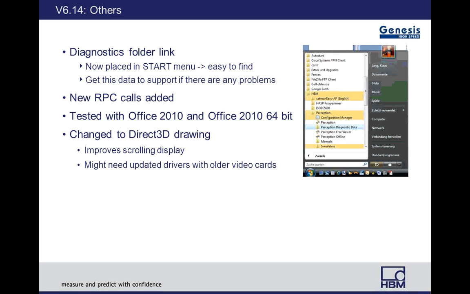A few other miscellaneous items that were added in version 6.14. There's now a link to the diagnostic data folder in the Windows Start menu. This folder contains the notification and other log files that Perception maintains as a way of monitoring what's going on and catching possible problems.